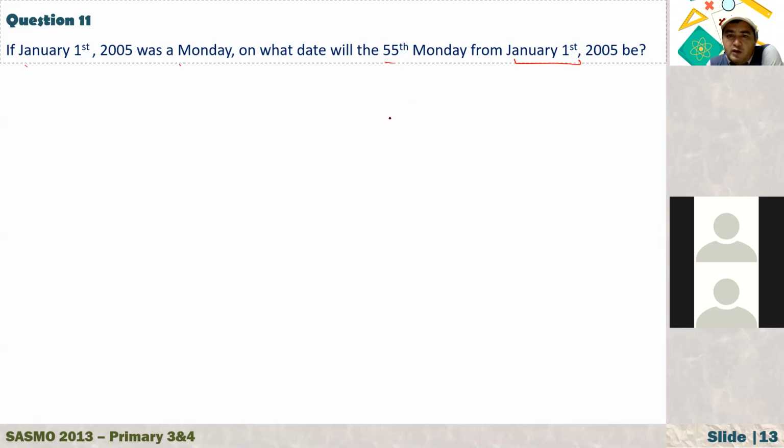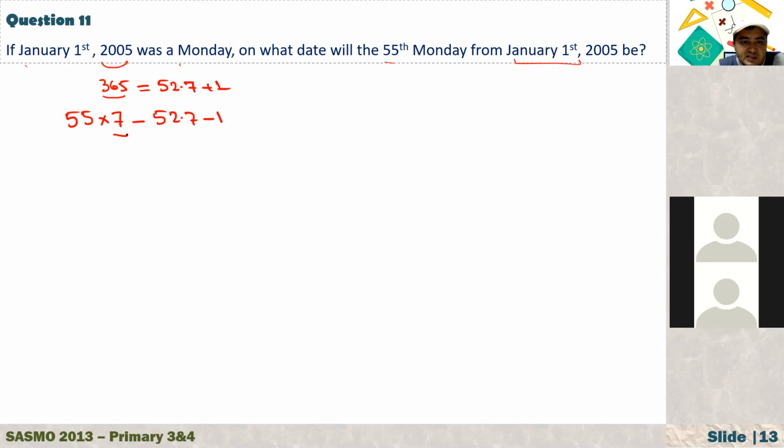Now we know that in 1 year, in 2005, we have 365 days, right? So to find which day it is: 55 times 7 days in every week, and I have to subtract this. 365 is equal to 52 times 7 plus 1, so I need to subtract this 52 times 7 plus 1 from both.